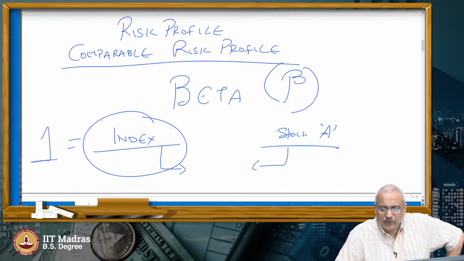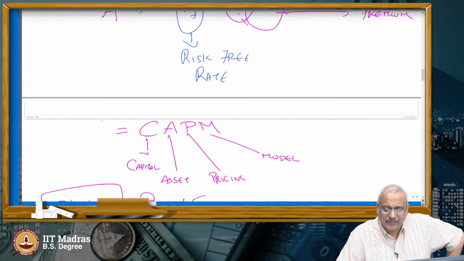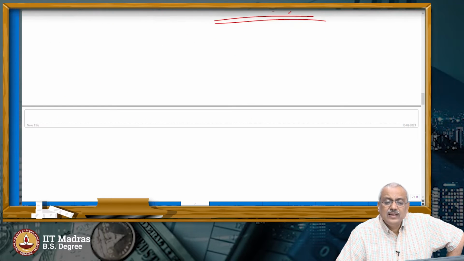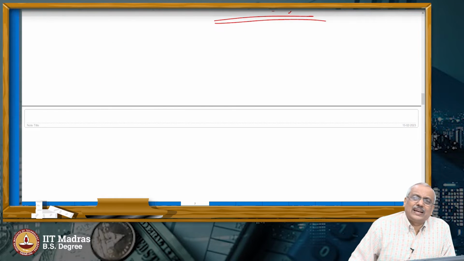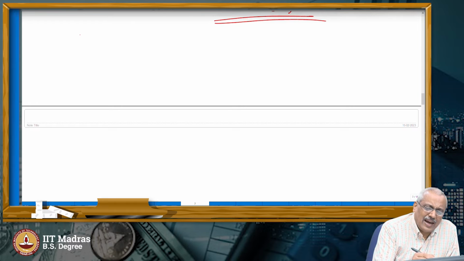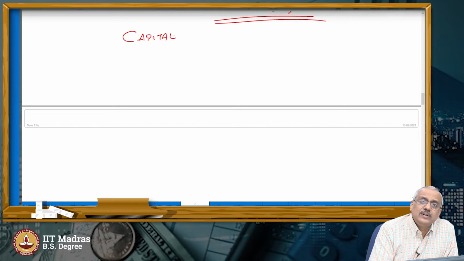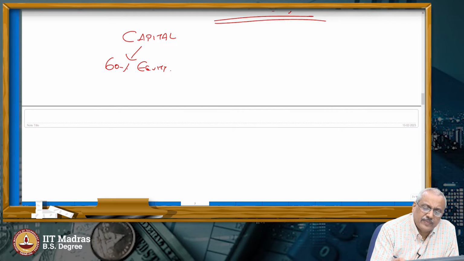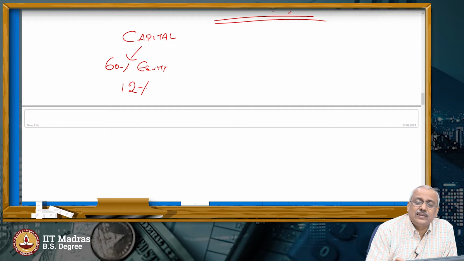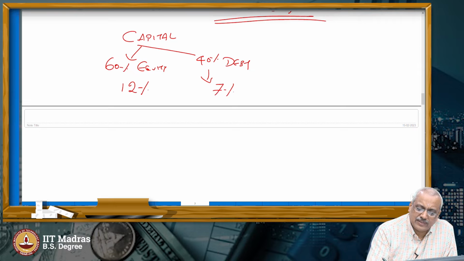Now we have cost of equity and cost of debt. Now imagine, let us say, I have a capital combination which has 60% equity, and the expected return of equity is 12%, and 40% in the form of debt, and the cost of debt is 7%.